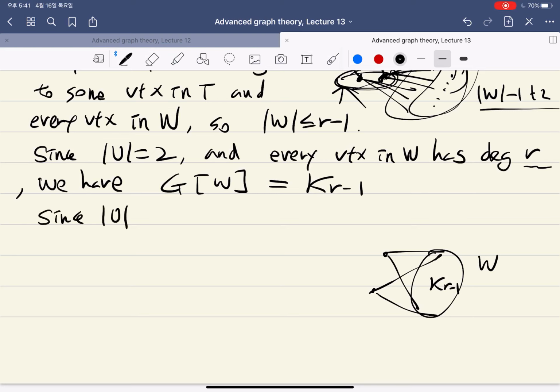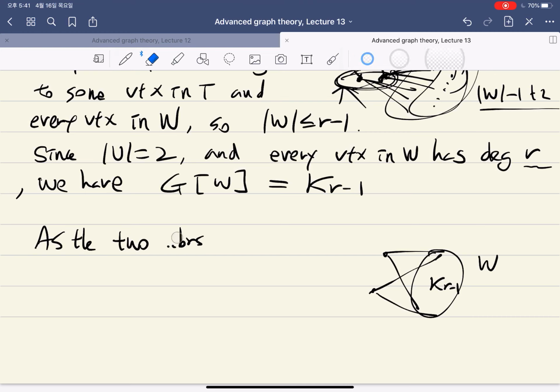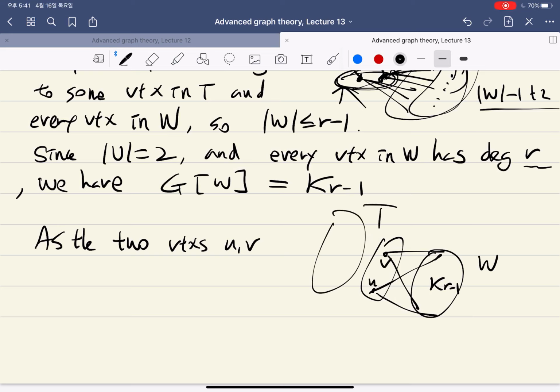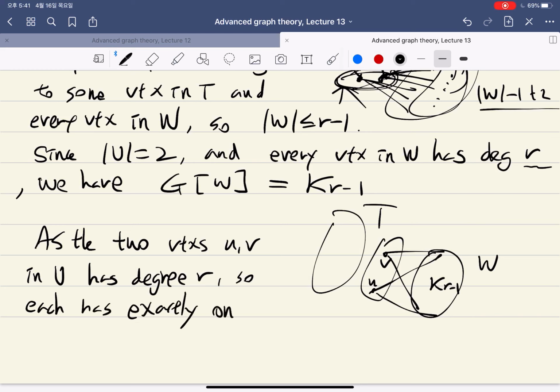And since it has the 2 neighbors, 2 vertices, say these 2 vertices be U and V. Since U has degree R, each has exactly 1 neighbor in T.